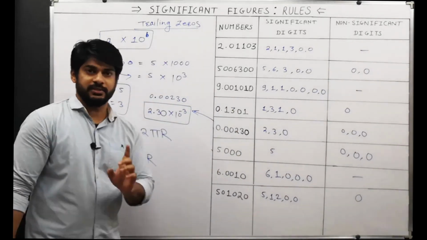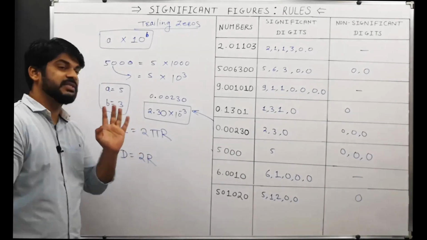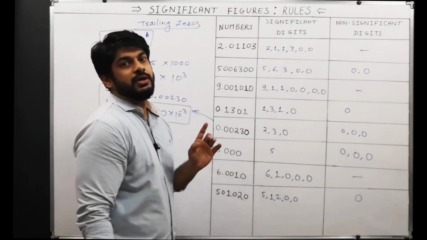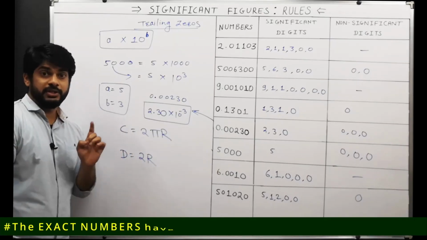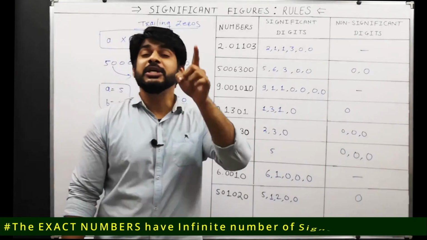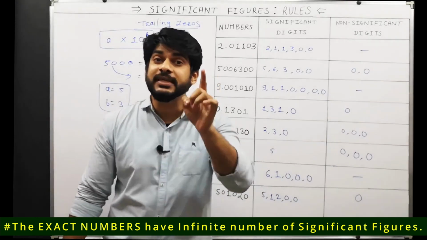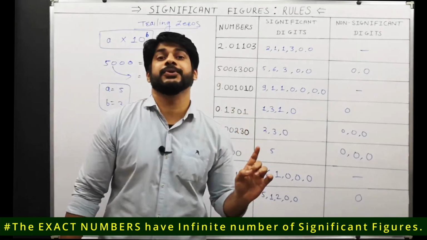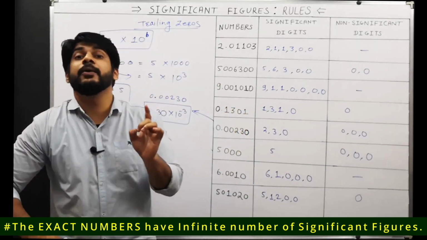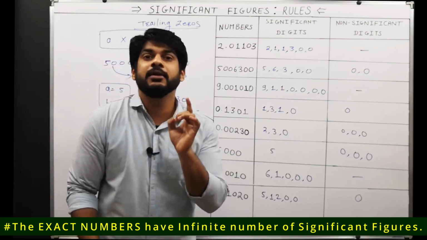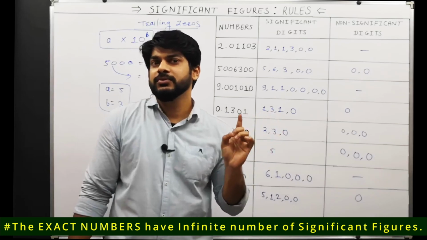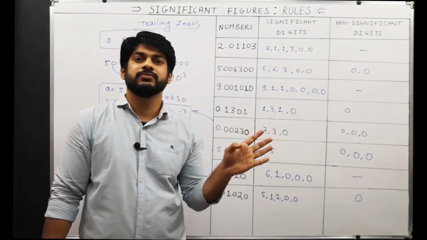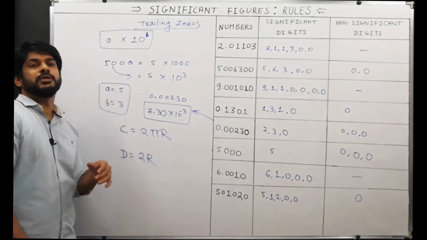Now the rule is regarding this exact number. The rule says that exact numbers have an infinite number of significant figures. Any exact number, not just this 2.